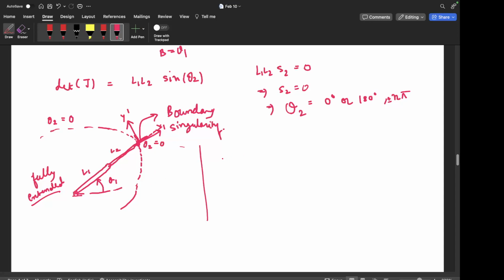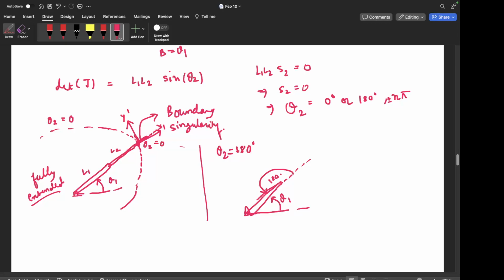The second case is when theta 2 is 180 degrees. Now in this case, as you would guess, this is theta 1 and theta 2 is 180, so directly back here, right, 180 degrees.